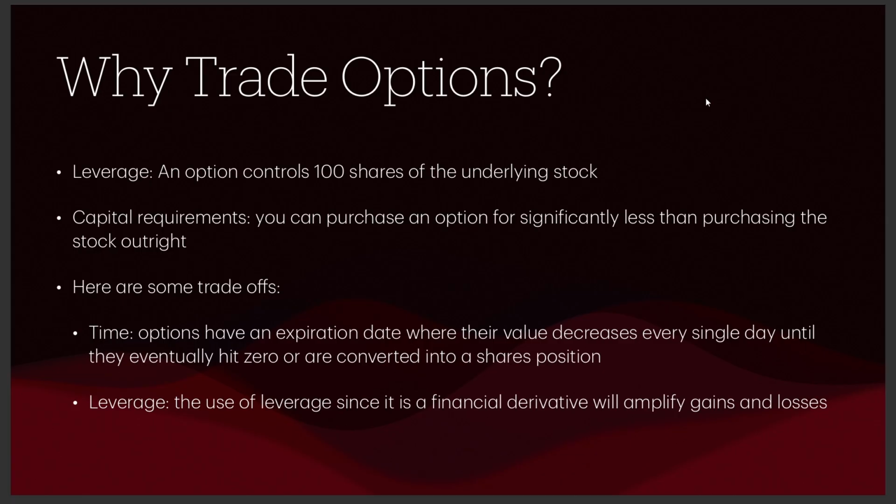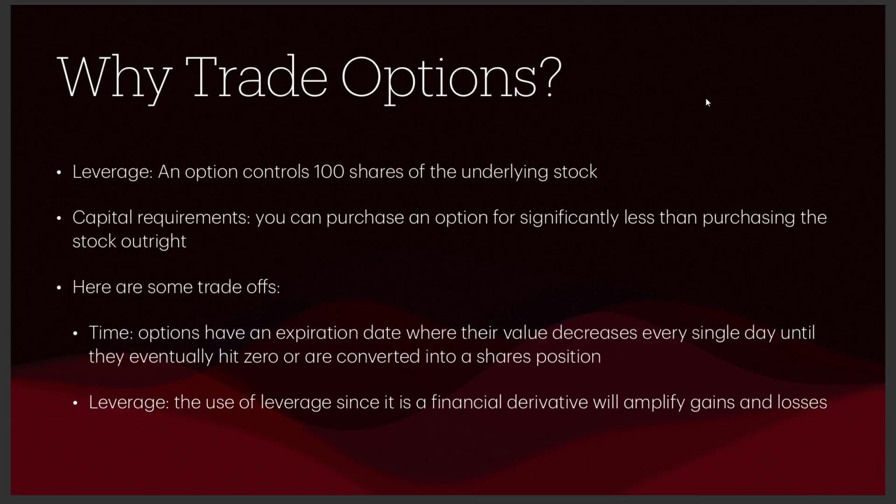So here are some trade-offs, though. Time being one of the greatest enemies to any options buyer. Options have an expiration where their value decreases every single day until they eventually hit zero, or you're in the money and you convert your options contract into shares. Obviously, you don't want to hold your contract that long to make it go to zero.